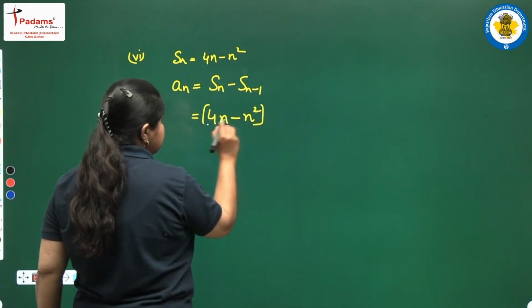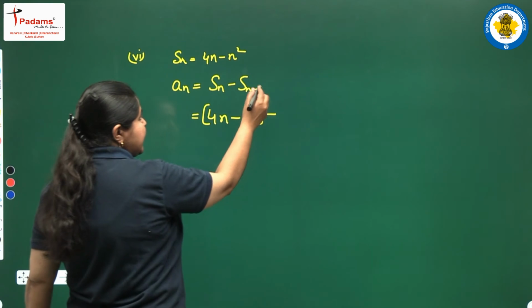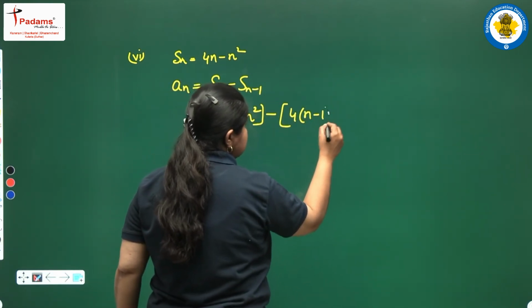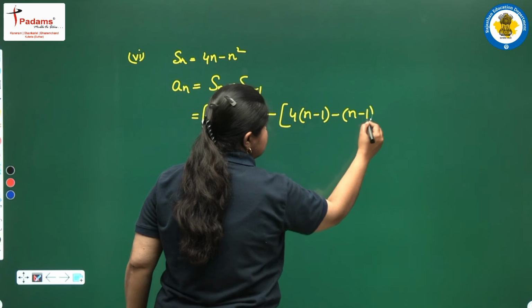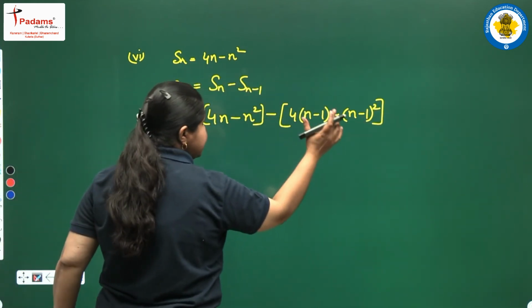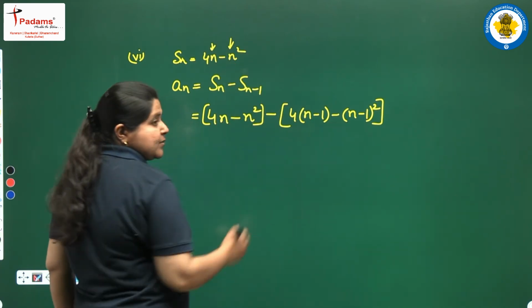This is your Sn minus Sn minus 1. तो यहाँ पर हम n की जगह क्या ले लेंगे? n minus 1. तो ये मिलेगा हमें 4 into n minus 1 minus n minus 1 whole square. ठीक है, ये हो गया आपका Sn और ये हो गया Sn minus 1. जहाँ जहाँ n है वहाँ वहाँ हमने n minus 1 रख दिया है.